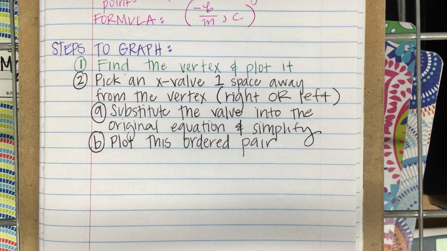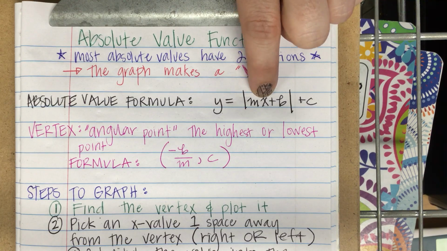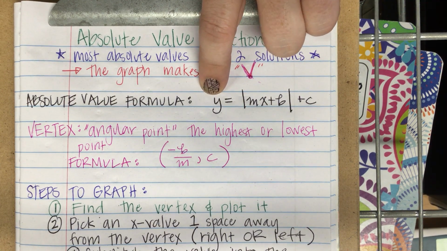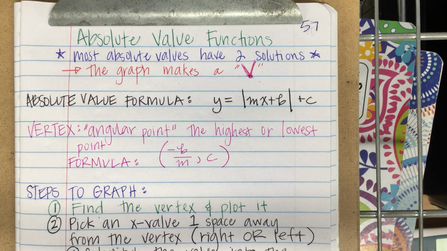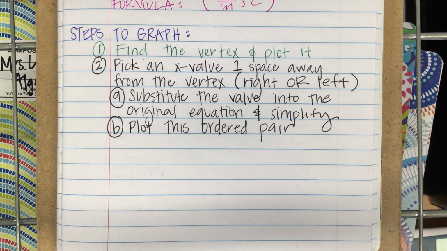What's my answer? Y. If I put in an x, what I get out is a y. And an x and a y pair make a point, a coordinate pair, an ordered pair, right? An x comma y. Plot this ordered pair.